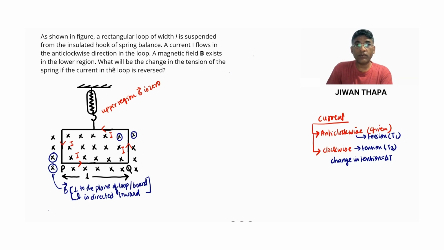As I said earlier, we need to find the change in tension of the spring if the current in the loop is reversed. In the upper region, we have a spring balance with an insulated hook.